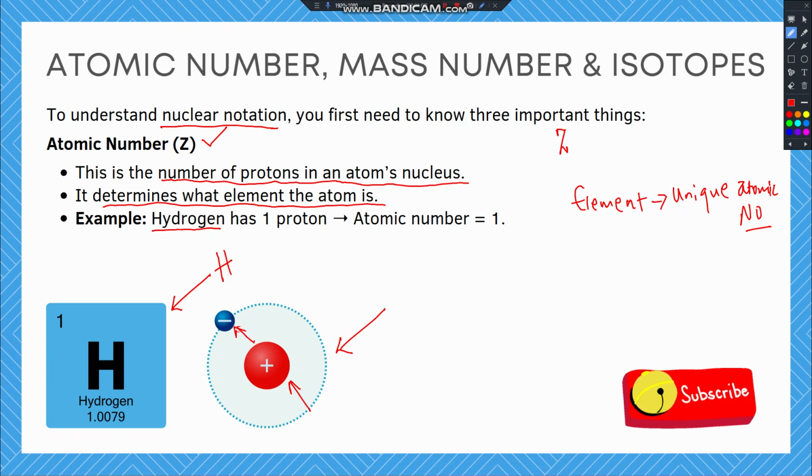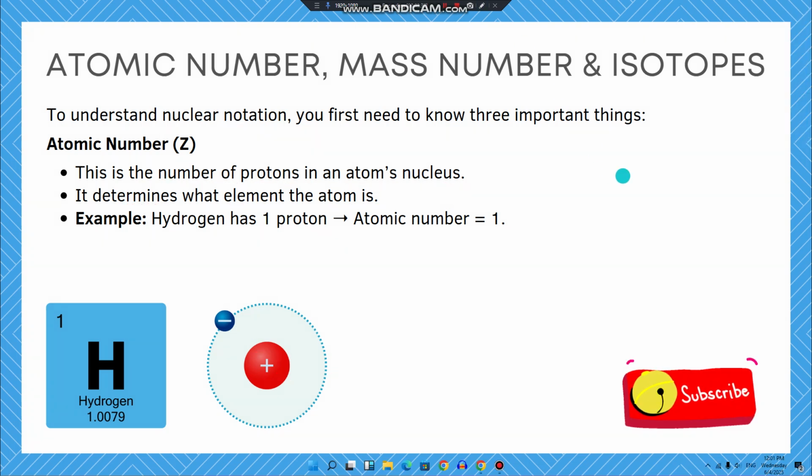By the way, protons are the particles in an atom that are positively charged, denoted here by the plus sign. Hydrogen has just one proton, which tells us that the atomic number Z is equal to 1. So that's it for the atomic number.